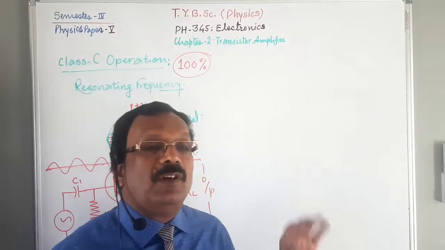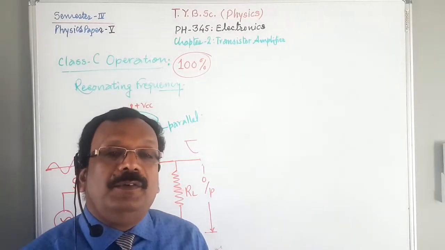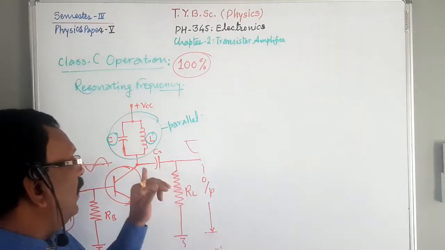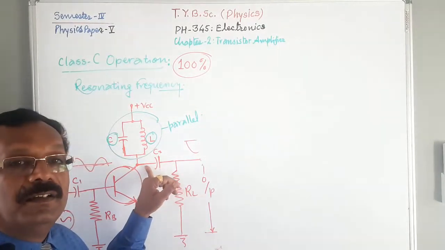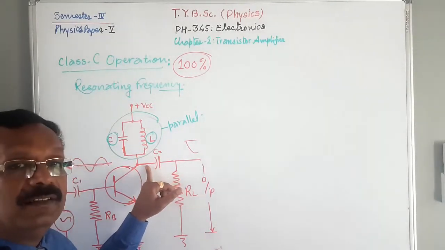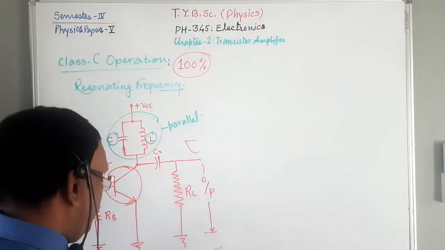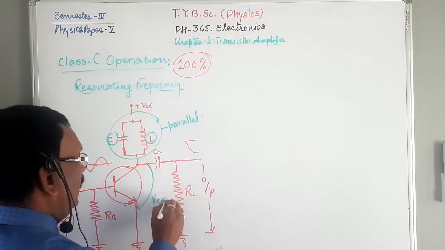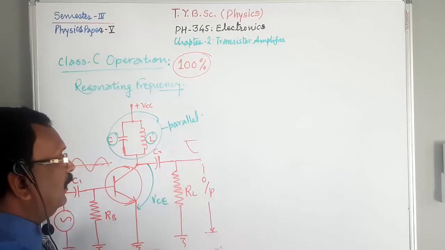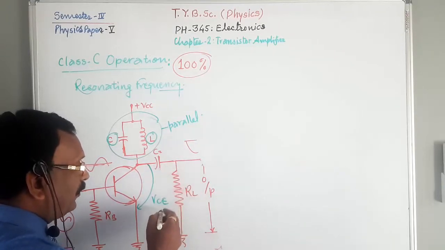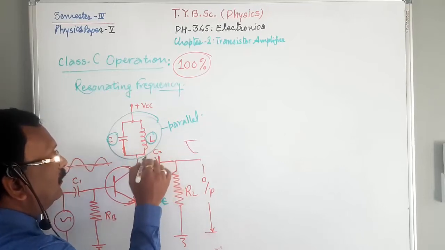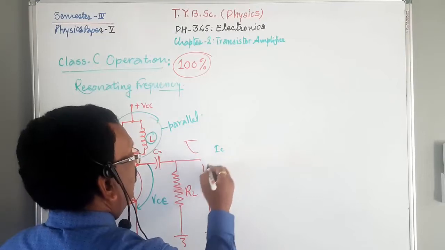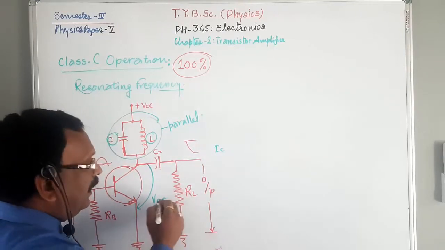In order to draw the load line, we have to measure the collector current IC with respect to different voltages between collector and emitter, that is, IC with different VC.